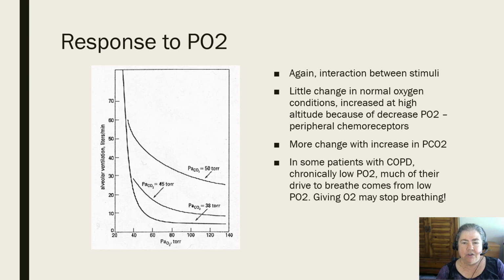In some patients with chronic obstructive pulmonary disease, so bad COPD, who have chronically low oxygen levels, they tend to be the same people who develop chronically high CO2 levels.